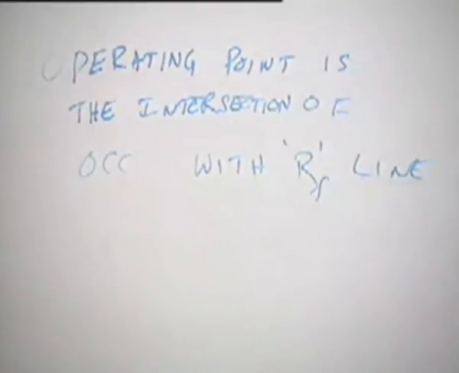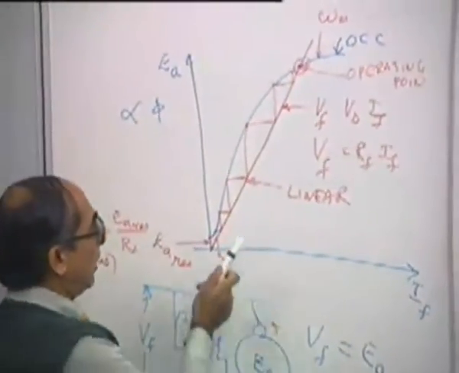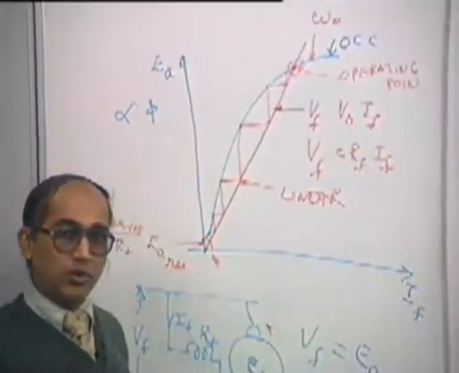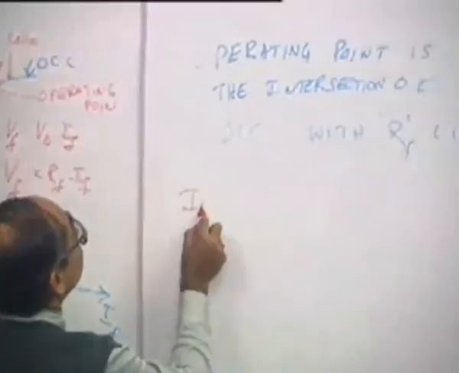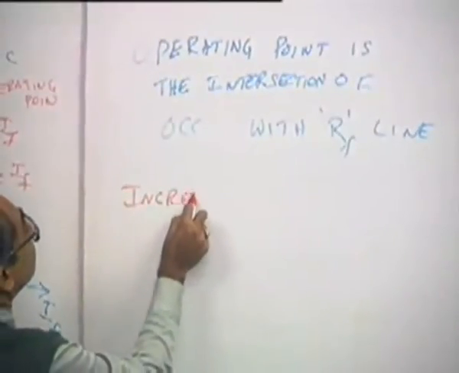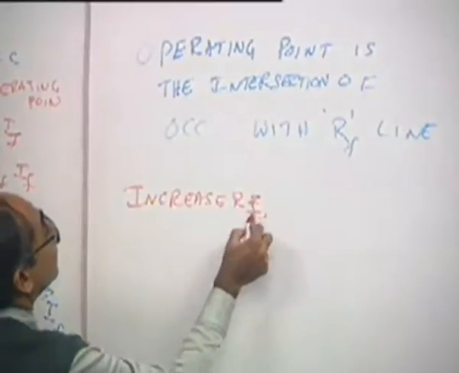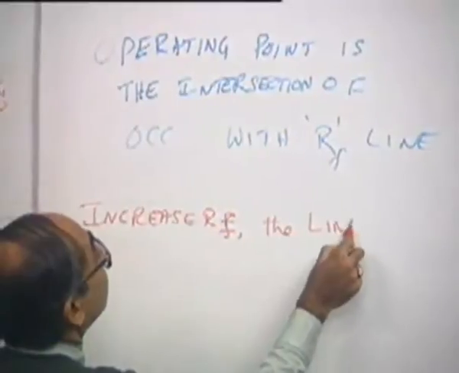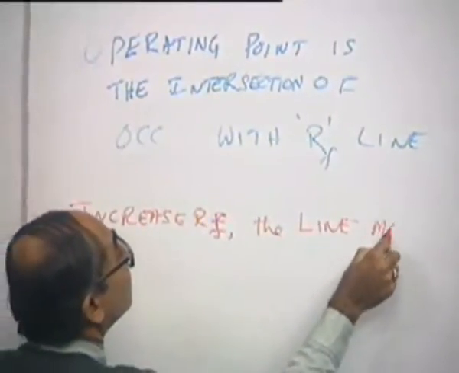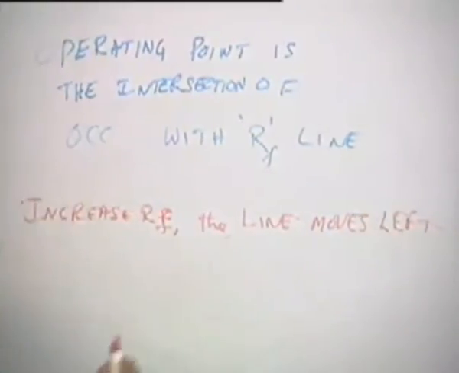And what is interesting is if you increase the resistance, the RF line will move to the left. So increase RF, the line moves left, right.